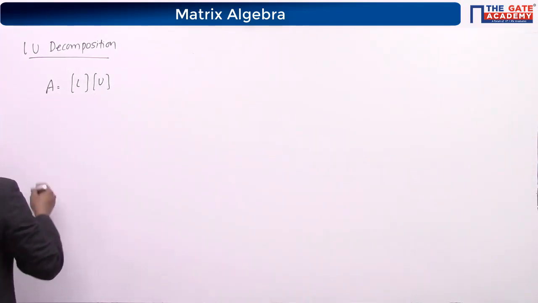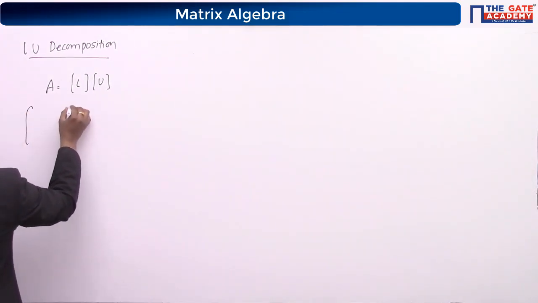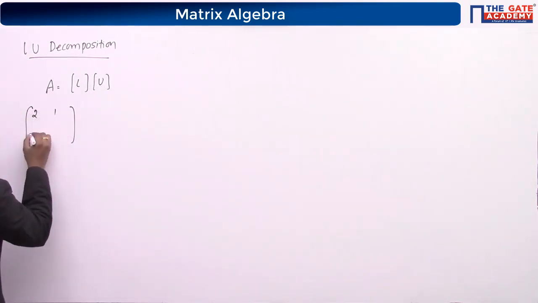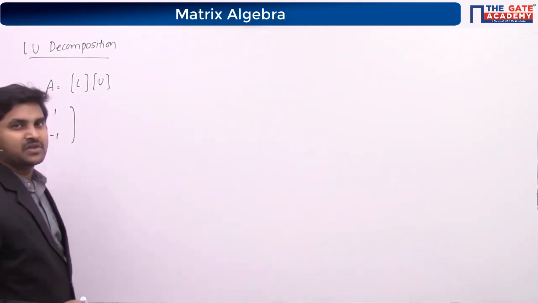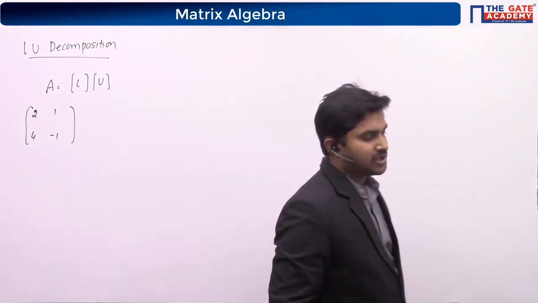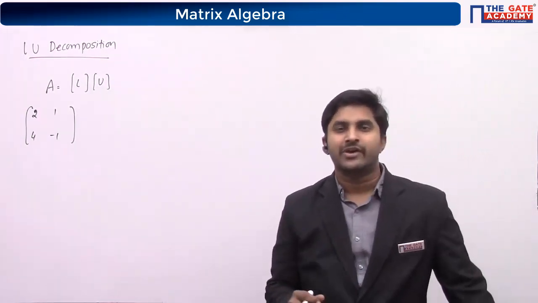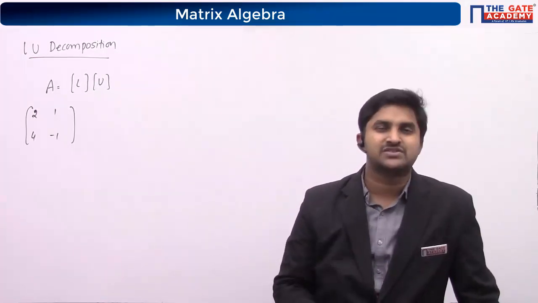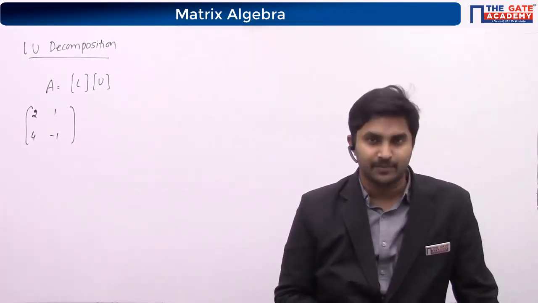So A is already given to us. What is A? A is equal to 2, 1, 4, minus 1. Yes or no? This is what A is. The best way to solve this problem is using option elimination. There is another method also, but let us first do this using the option elimination method.